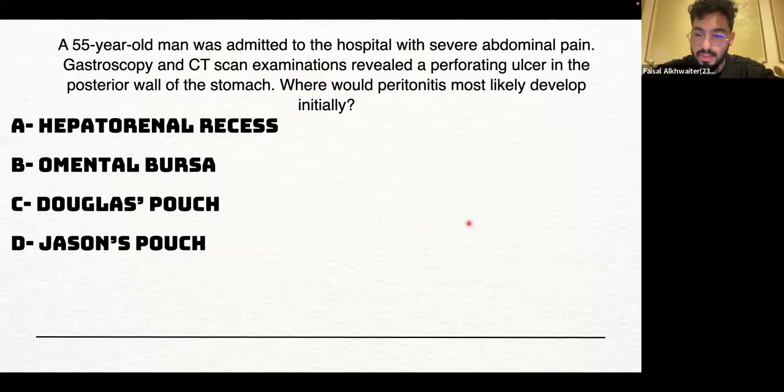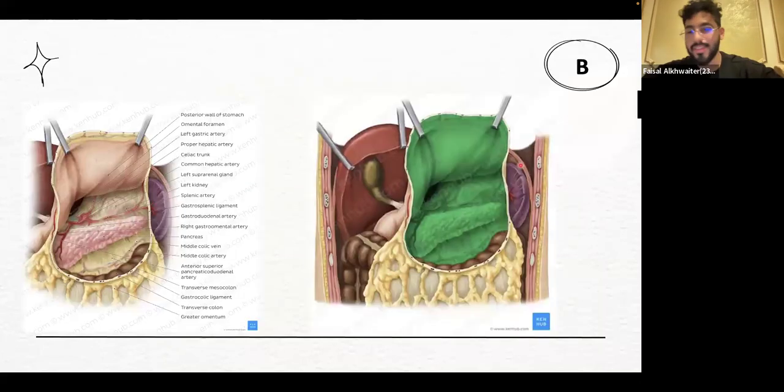The lesser sac is correct. I wanted to explain it with this picture because it summarizes everything you need to know about the omental bursa. So this is the stomach, this is the posterior wall of the stomach.